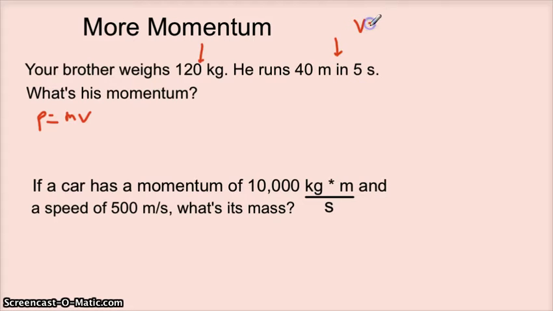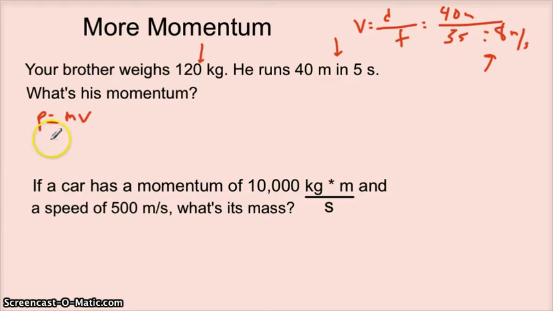So velocity equals distance over time. Distance is 40 meters in 5 seconds. So 40 divided by 5 is going to be 8 meters per second.